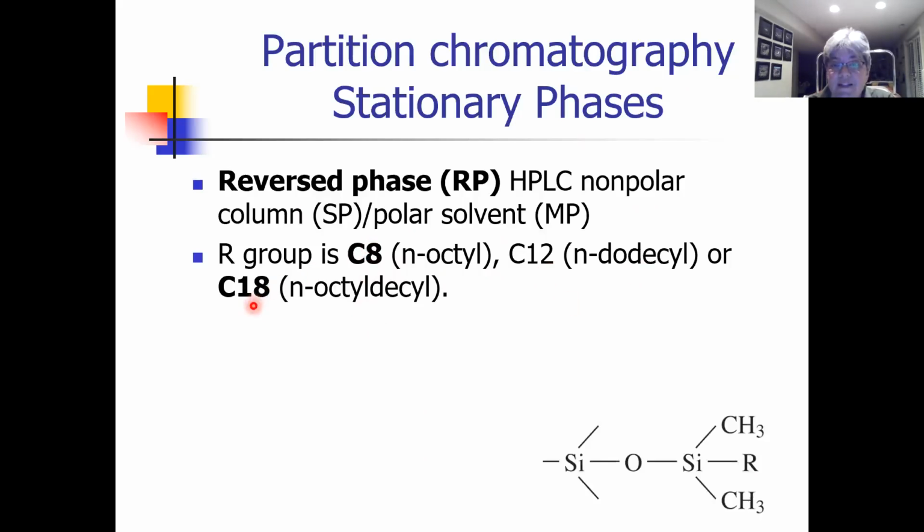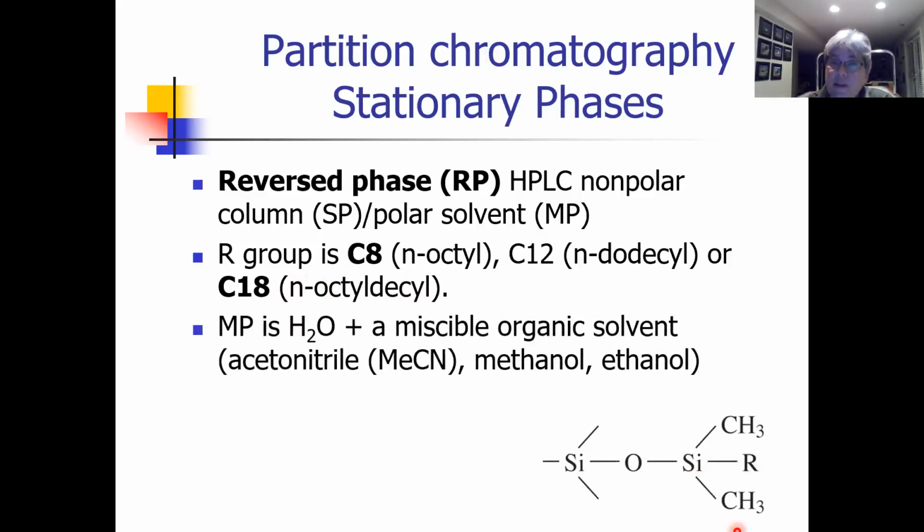C8 and C18 are the most common. So non-polar carbon groups will be these chains. And then the mobile phase, polar. So usually it's water with some other solvent that's miscible. And miscible means that it's easy to mix with the water. So something like acetonitrile, methanol, ethanol.